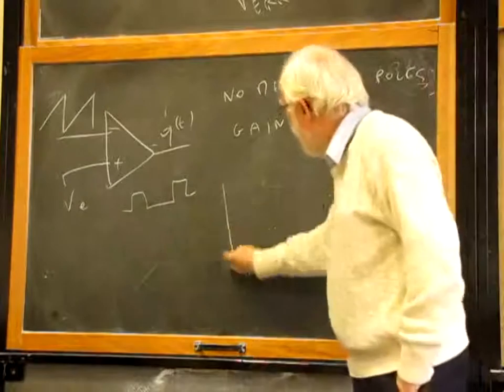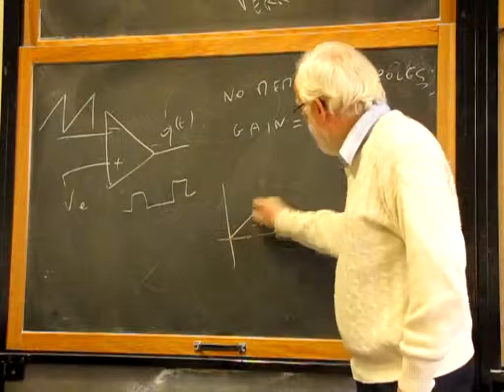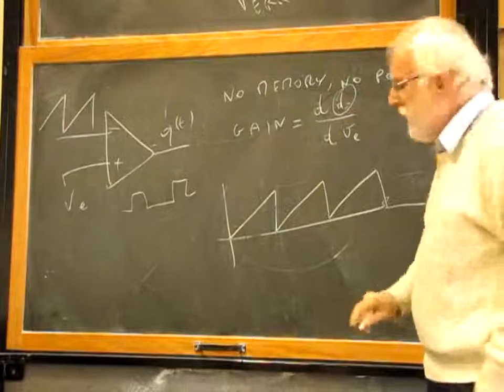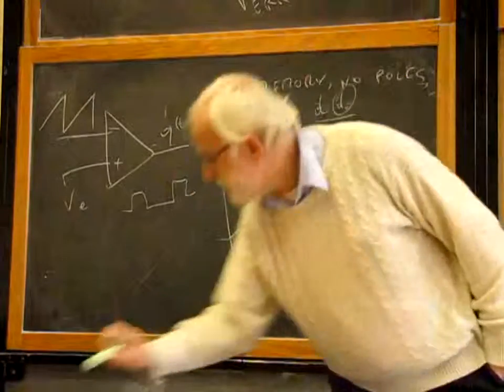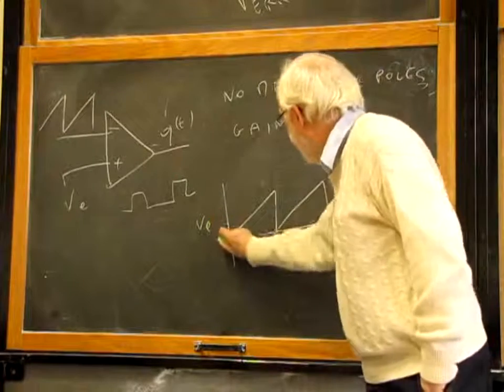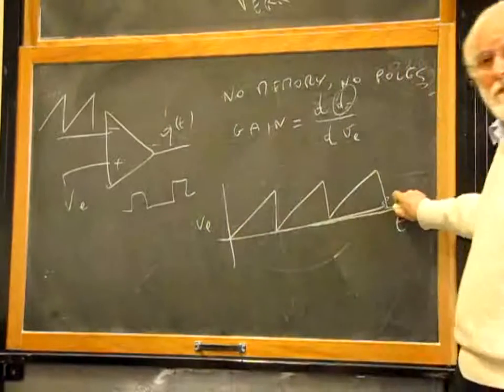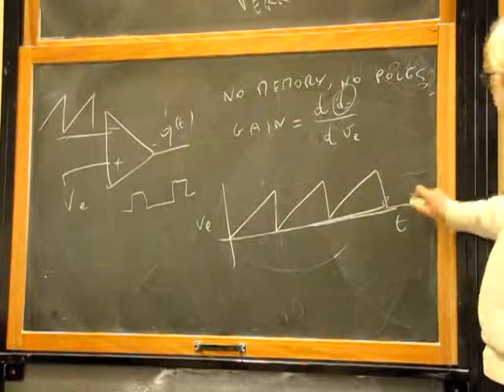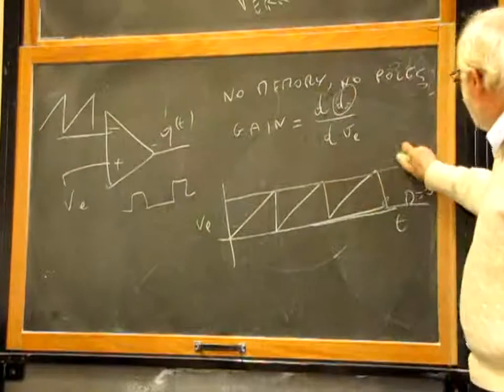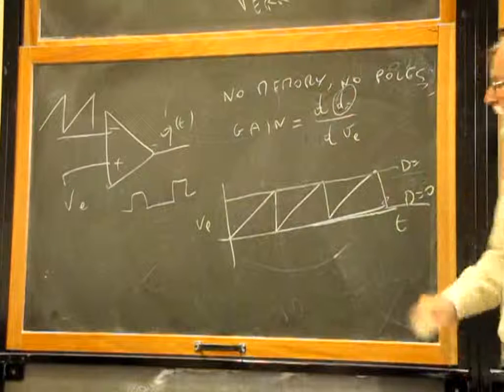and it's very easy. If your triangular waveform, your sawtooth wave, is something like this, when the input signal VE is over here, the duty cycle is 0. When your input is here, duty cycle is 1.